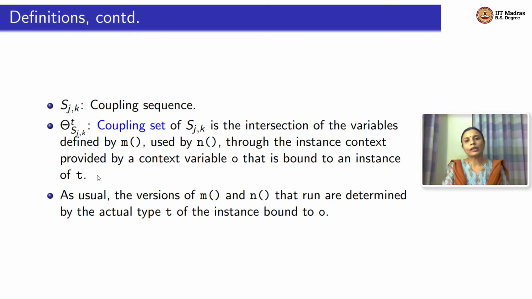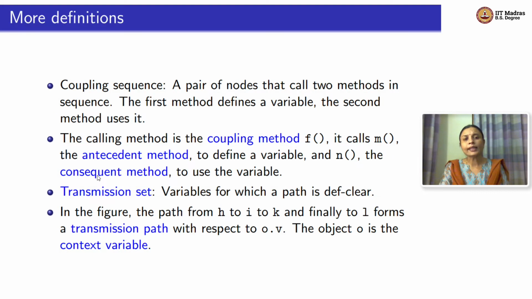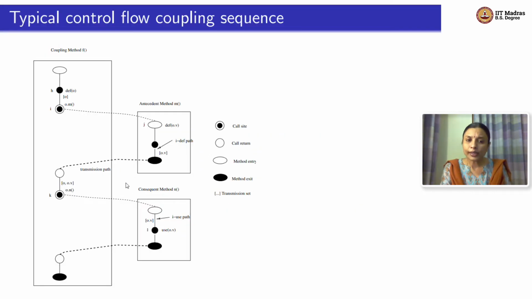As usual, the m and n can be polymorphic and different versions of them could run. So it is determined by the actual type T of the instance bound to o. Basically, in summary, we use the same kind of call interfaces. We give slightly different names and try to separate f from m and n.